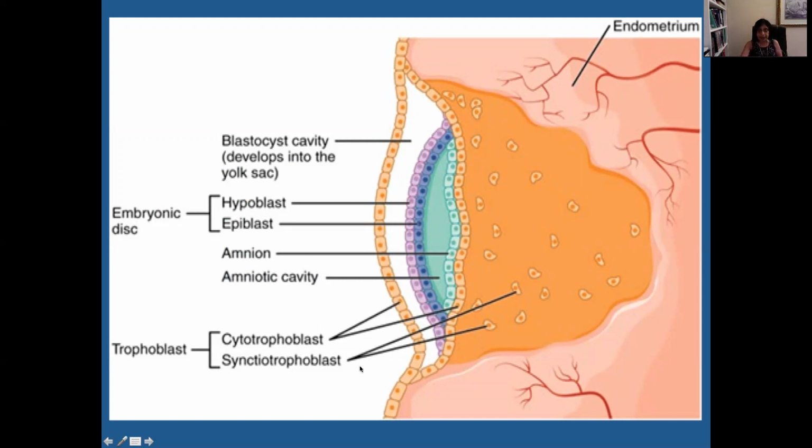By this time, we have to assume that several days have been lost, and now you have two layers of cells. You have the syncytial trophoblast here, and cytotrophoblast in here.